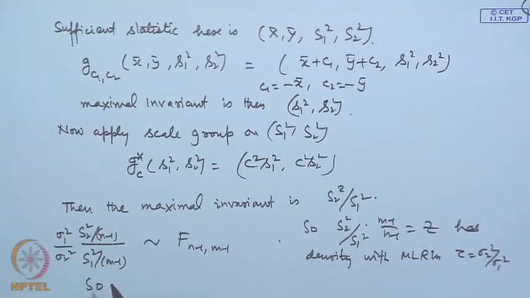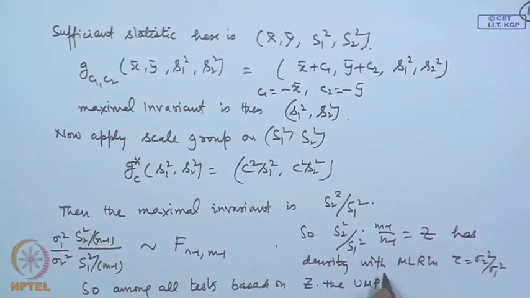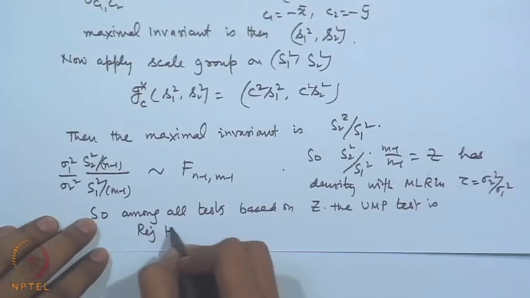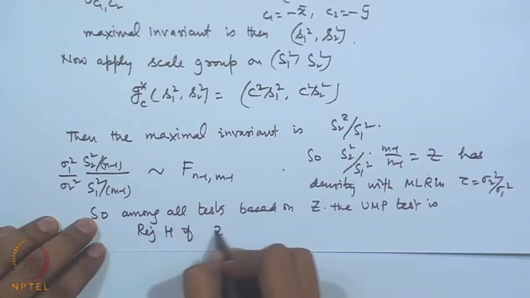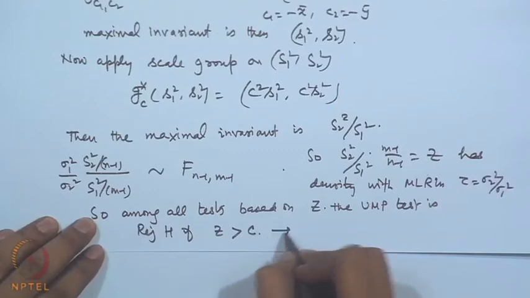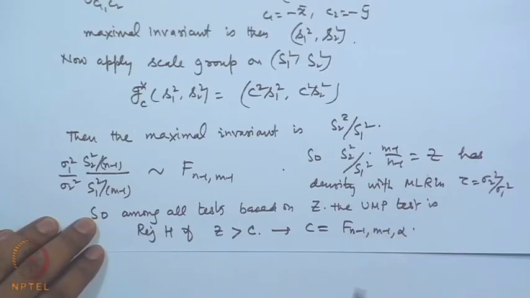So, among all tests based on Z, the uniformly most powerful test is: reject H if Z is greater than C. So, this C you can choose as F(n minus 1, m minus 1, alpha).